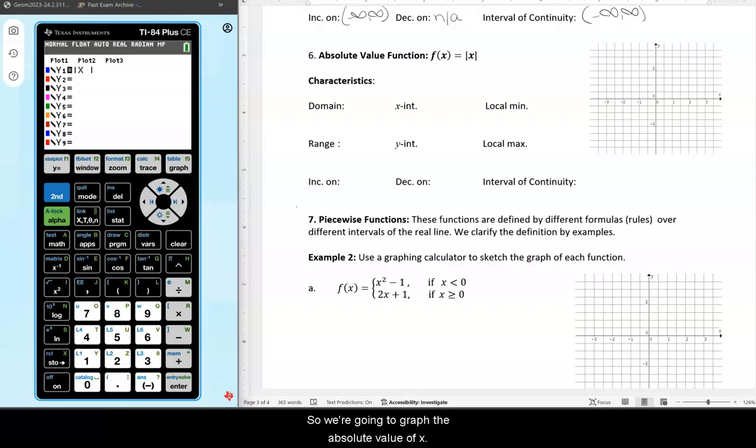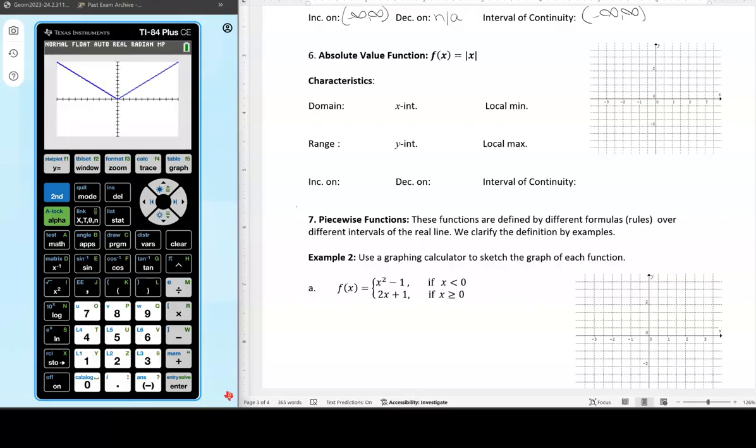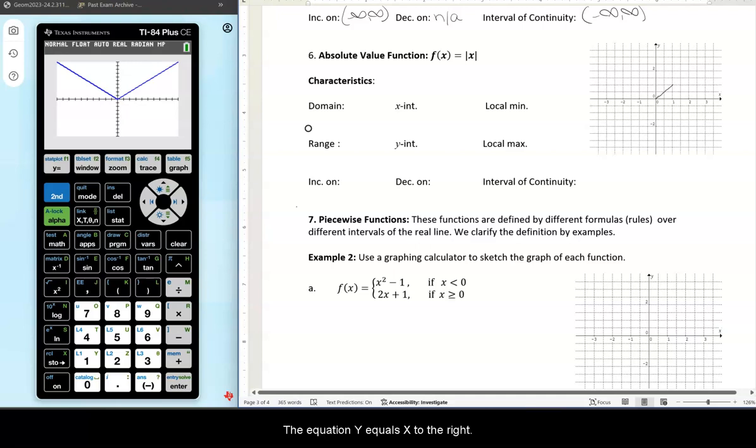So we're going to graph the absolute value of x, and it's this nice V shape. I will say there are other ways to get to the absolute value on your calculator, but that is one of the quickest ways to do it. Looking at the graph and the characteristics of it, it has the equation y equals x to the right.